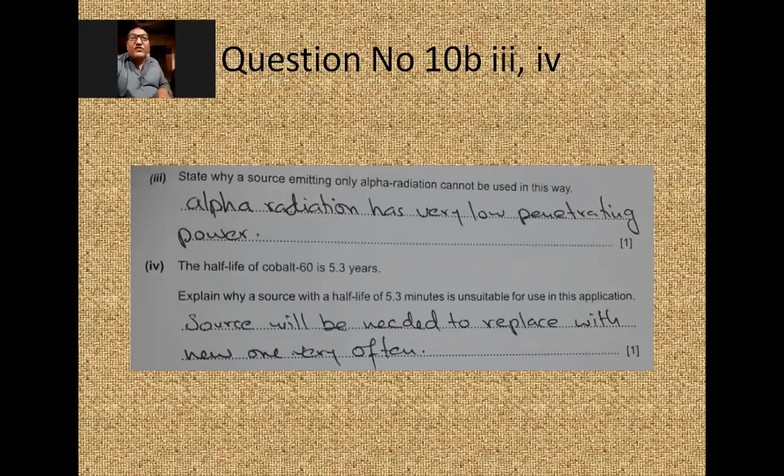You have to frequently buy the new radioactive source, purchase it new very often. So that's why we use cobalt-60, whose half-life is 5.3 years. Once you put it, it will work for a long time. You don't have to buy it again and again.